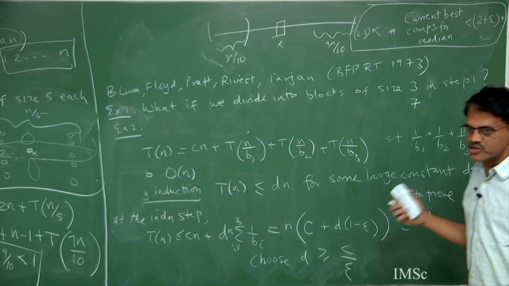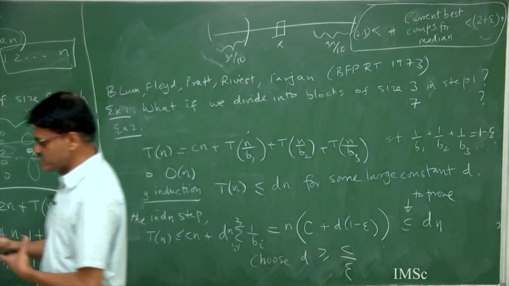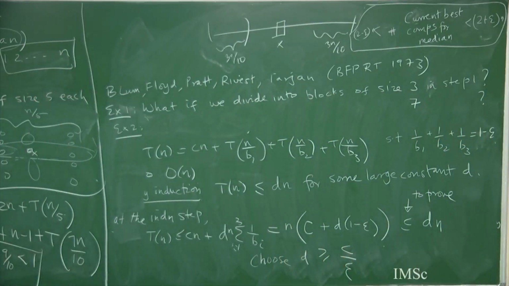How you show the lower bound is also interesting. There are some adversary based lower bounds to show that at least so many comparisons are required.